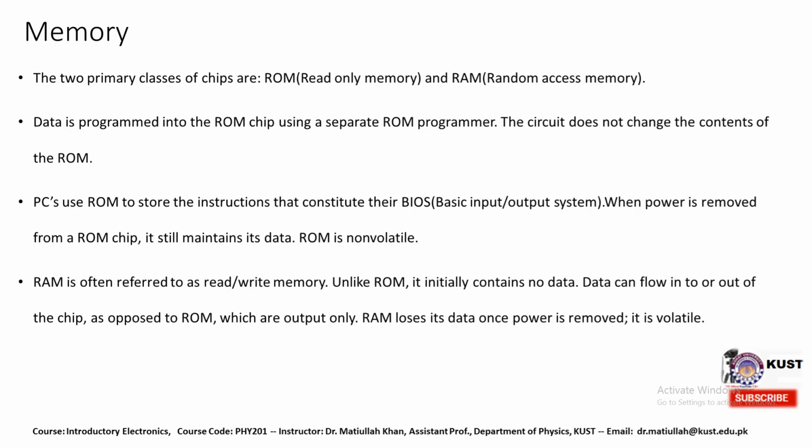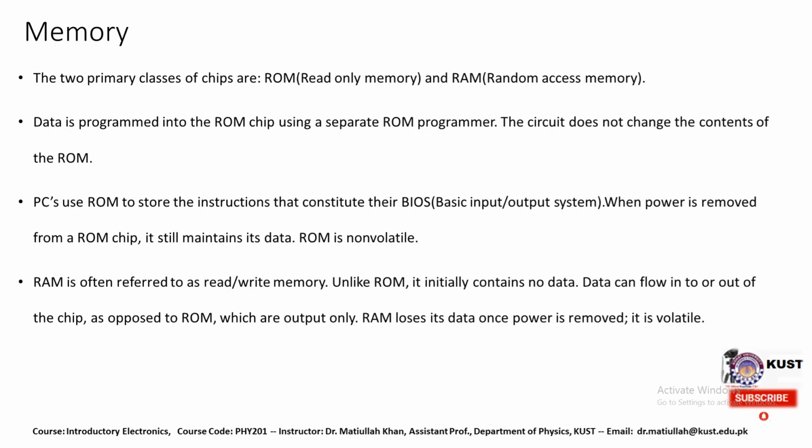Normally the personal computer uses ROM to store the instructions that constitute its BIOS, the basic input and output system, and for this purpose the ROM completely stores or saves the data.